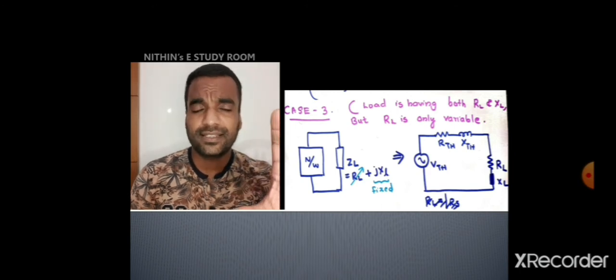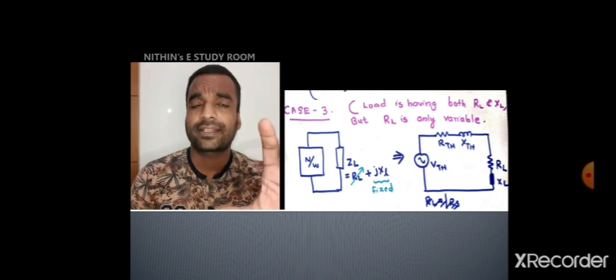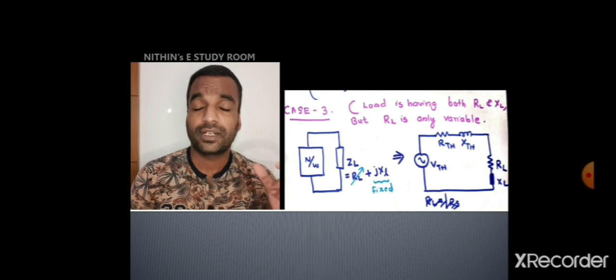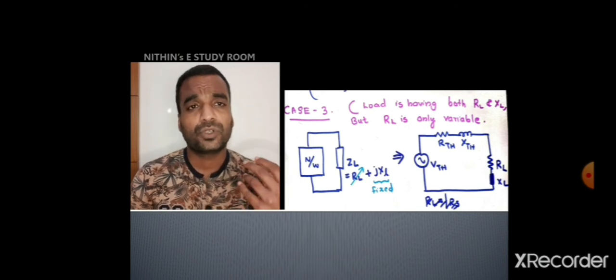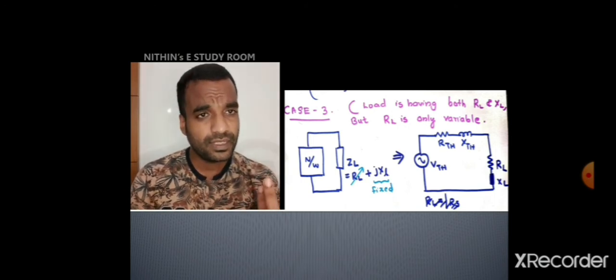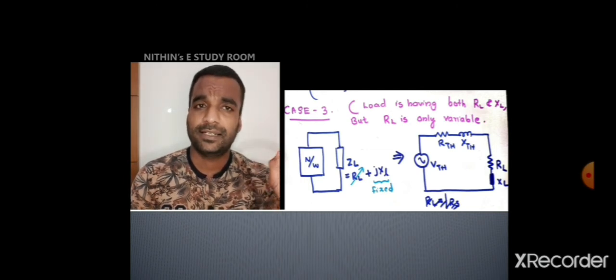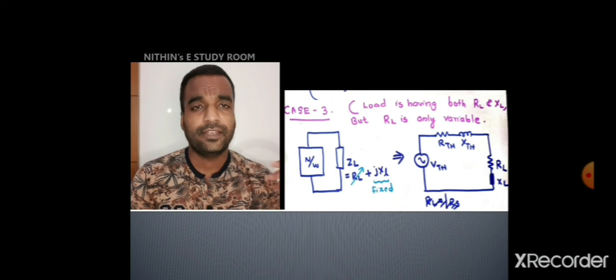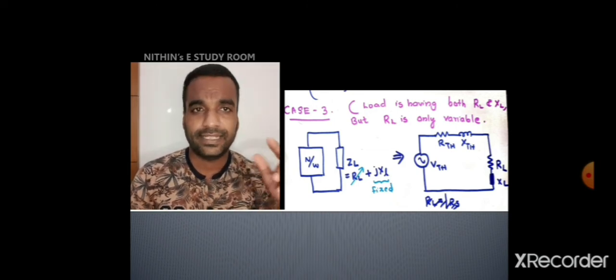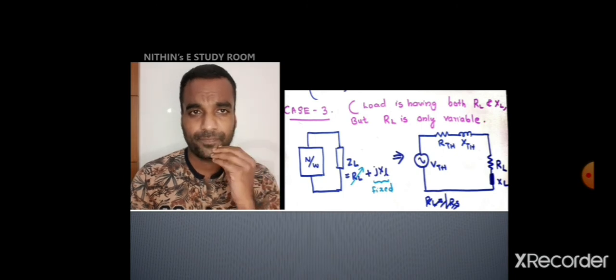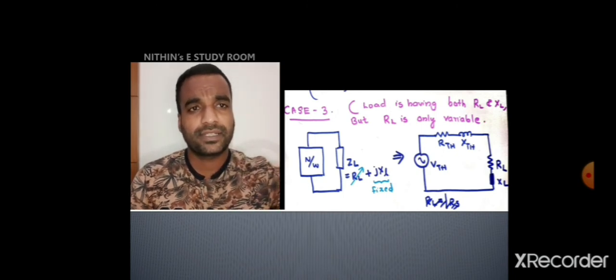So inside the load, there is a reactance plus resistance. If it is an inductive reactance, we can mark RL plus JXL. If it is capacitive reactance, we can mark RL minus JXL as a total vector. Or we can represent it as a single vector like this.